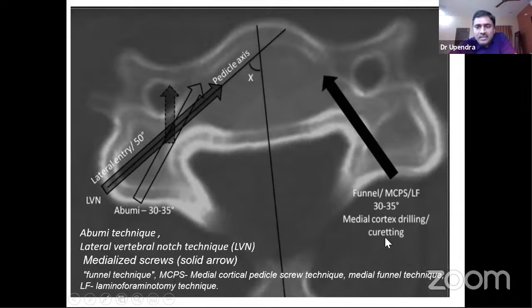The third group is where we utilize the screw by Ludwig in the funnel technique, then the medial cortical pedicle screw technique described by our group, then the medial funnel technique and the laminar technique. All of these utilize the medial cortex and the screw at around 30 to 35 degrees, either drilling the medial cortex or curetting it.